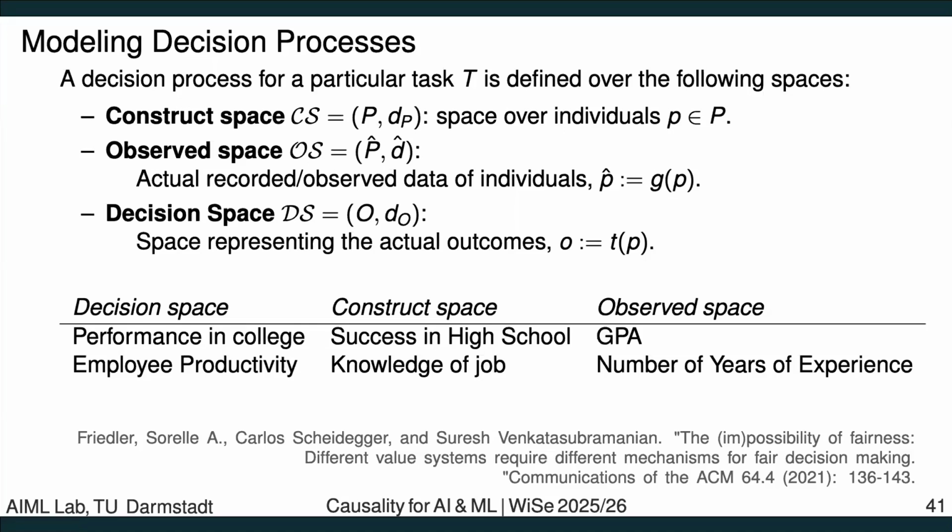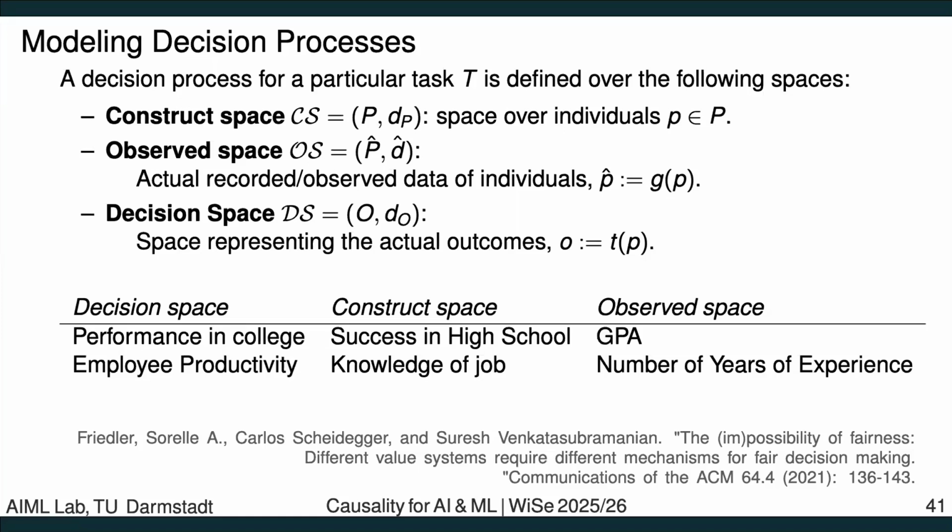Is the number of years of experience a good indicator for knowledge in the job, or is the GPA a good indicator for success in high school? So maybe it's this thing of, do I really need to limit the number of students based on their previous GPA? Or am I able to give everyone access and filter out later maybe?